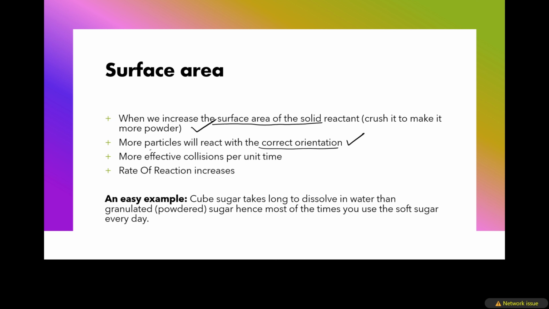And remember that the conditions for effective collision are the kinetic energy as well as the correct orientation. So if there are more particles with correct orientation, then there will be more effective collisions per unit time, and eventually the reaction rate increases. So when you increase the surface area, or make the reactant more of a powder, the reaction rate will also increase. That is also 4 marks.